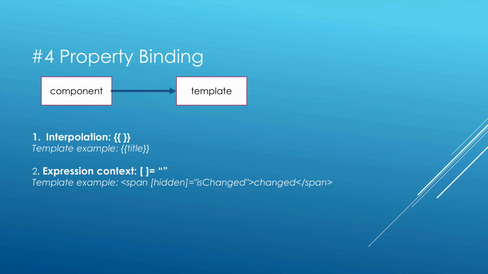In the template, if you define it as [hidden], then it will check the value, and if it's equal to changed, the value will show as changed.